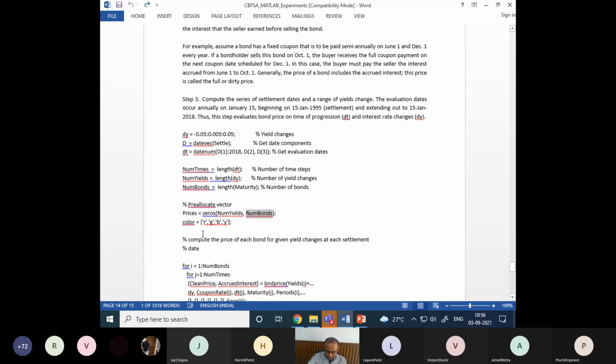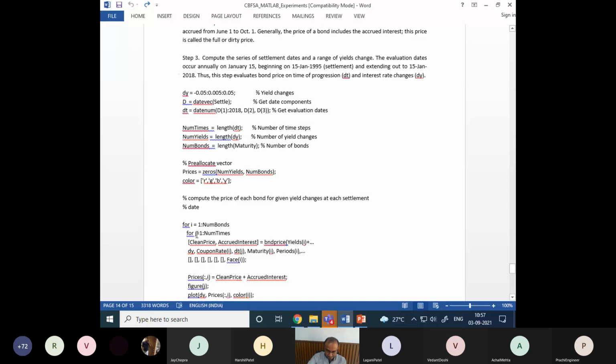Okay. And for plotting, I use 4 different colors. Say for bond 1, I will use red, green for bond 2, blue for bond 3, and yellow for bond 4. So let me have one vector color equal to this RGBY. Later on, I will use it in the figure.